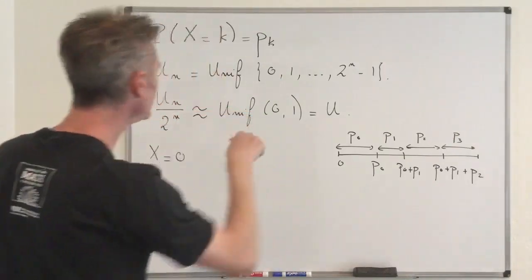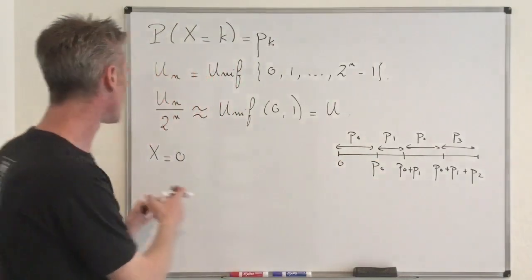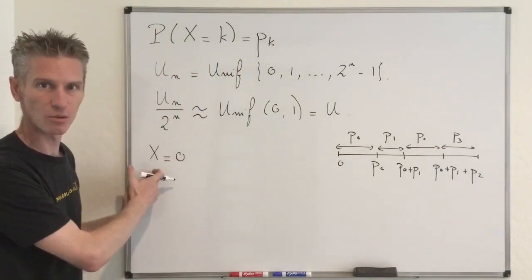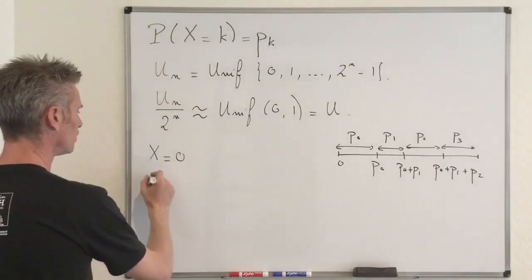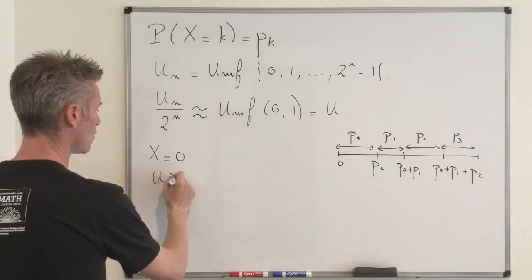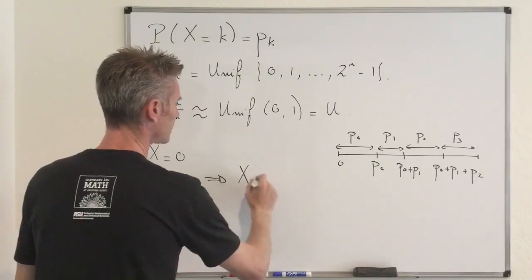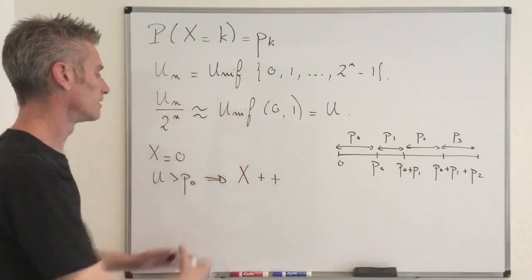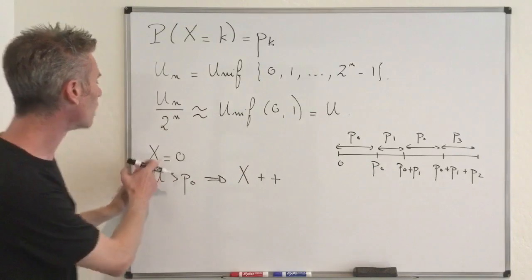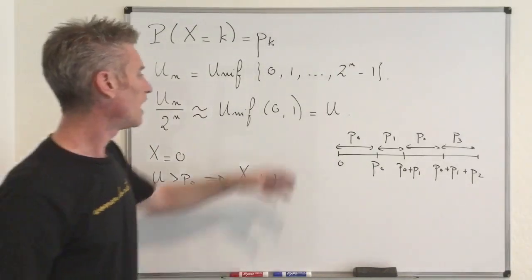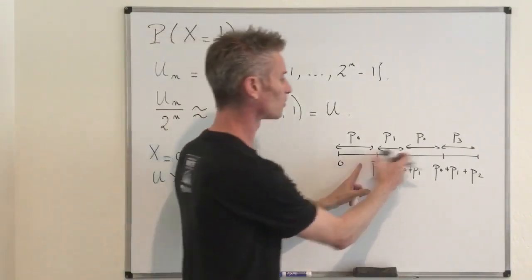If u is larger than p0, then you add 1 to the variable x. So the condition u larger than p0 implies x++, which is notation in C to add 1 to this variable. That tells you that your random variable is not equal to 0, that's on this side.